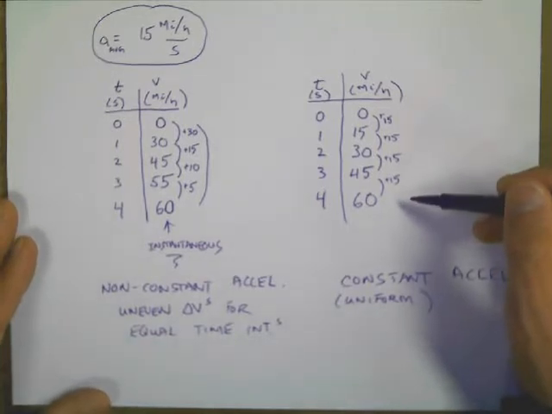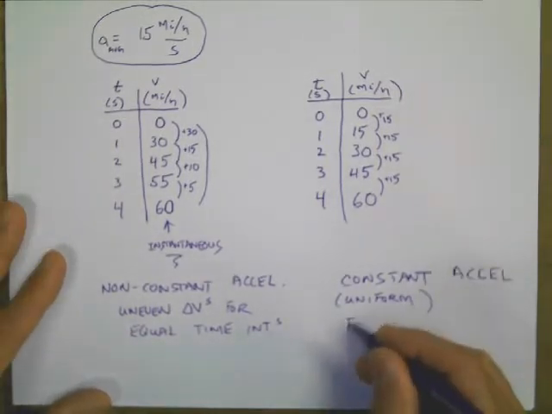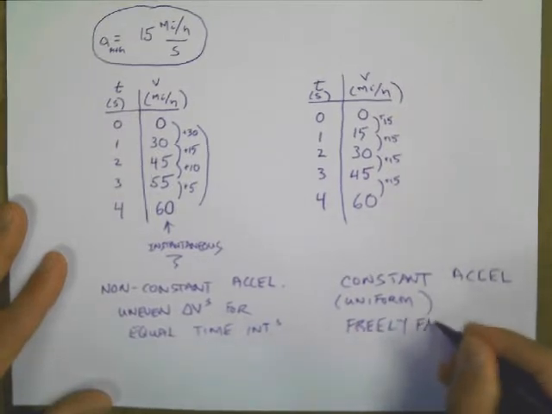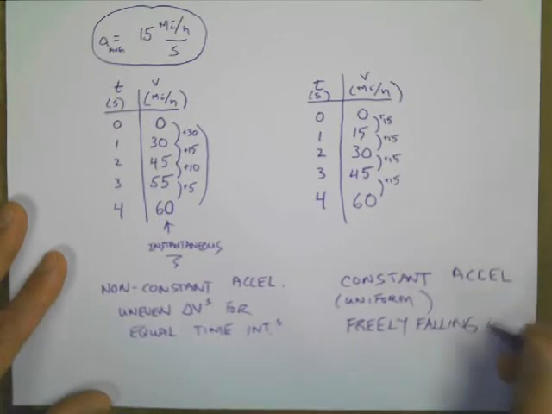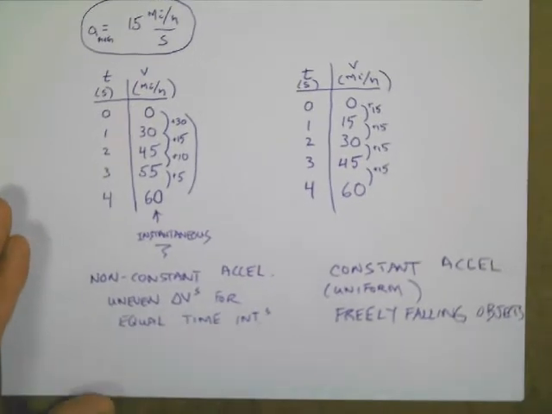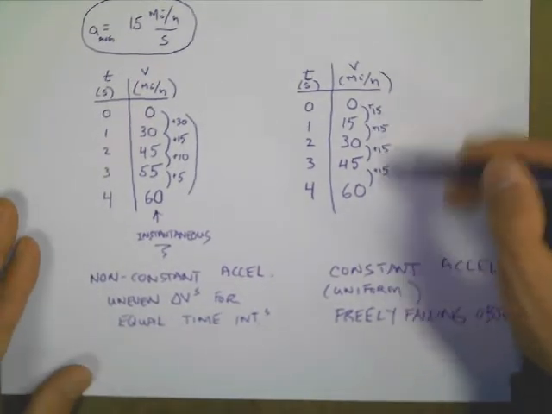However, one big example of something that does it would be freely falling objects. Something that you just drop, where there's not a lot of air resistance, will follow this type of pattern.